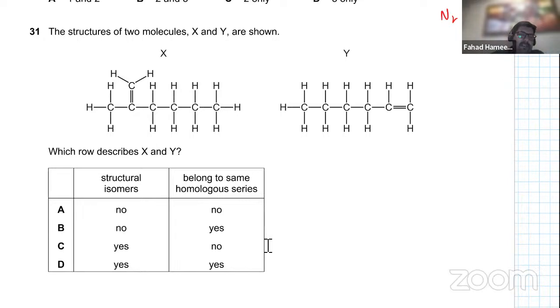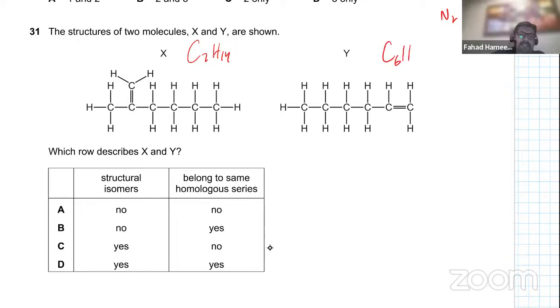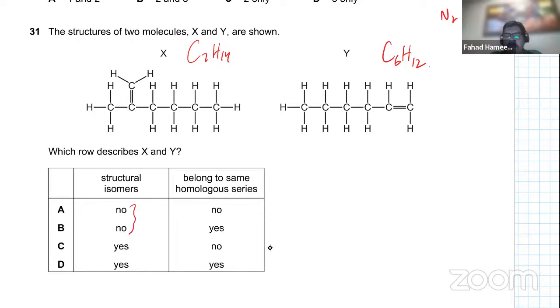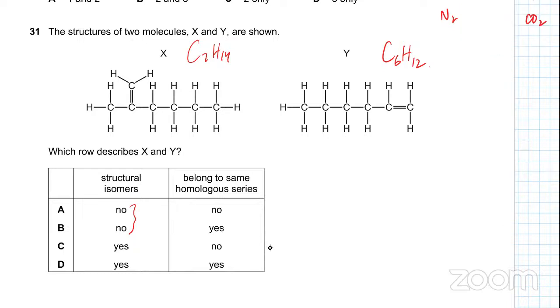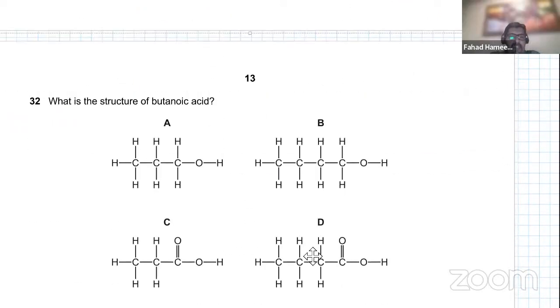Yeah, this one has 7 carbons and this one has 6 carbons, okay? So they're not structural isomers, so that's no. Is the homologous series the same? Yeah, because they both have a double bond. I mean, they're both alkenes, right?